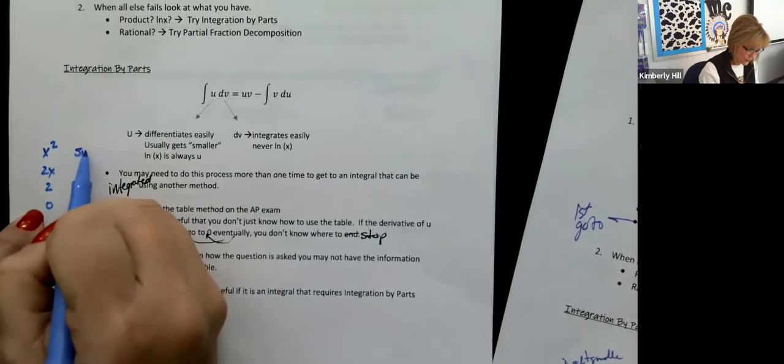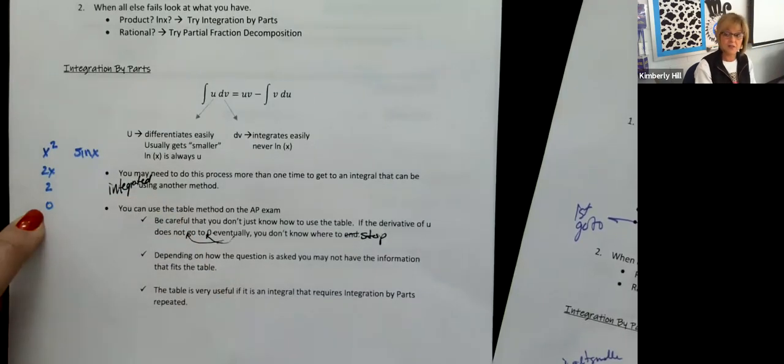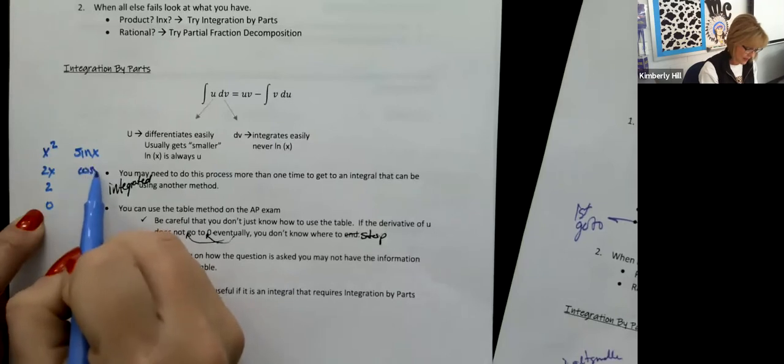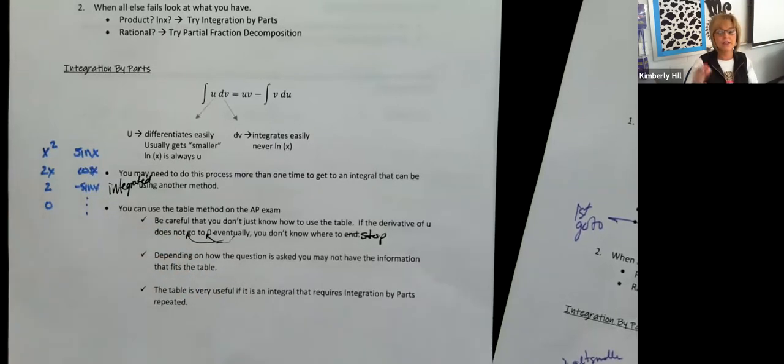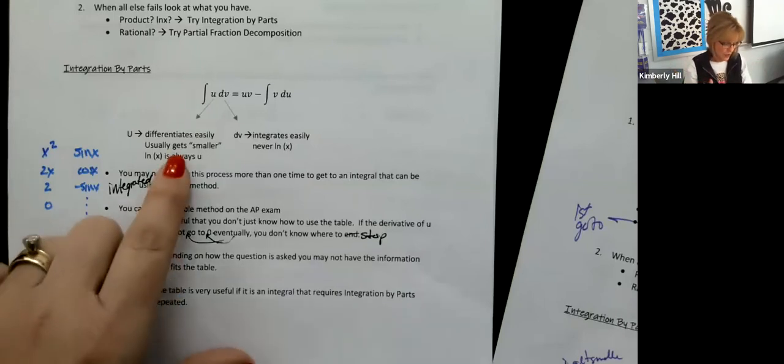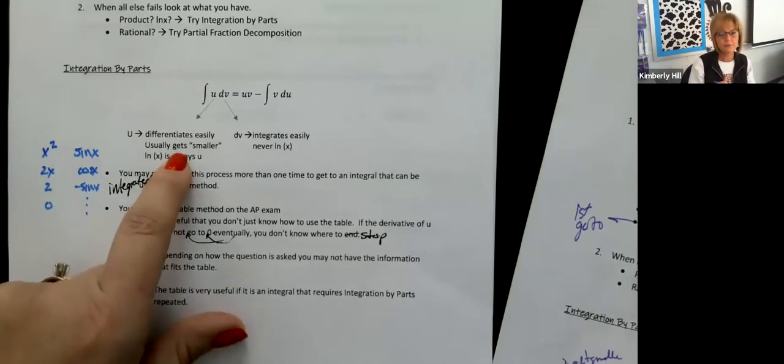If you chose your U to be sine x, it just goes back and forth between sine and cosine. Sine goes to cosine, then negative sine, and as you go, it doesn't shrink down to something smaller. It doesn't always work out nice and neat that way. So sometimes that doesn't work, but usually that's what you want.